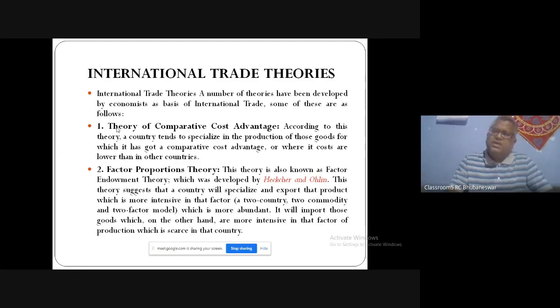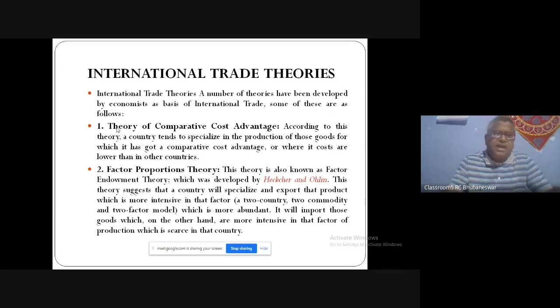In this way, those countries which produce such types of goods at lower cost are exporting. And this concept is called comparative cost advantage, the positive aspect of a particular country.